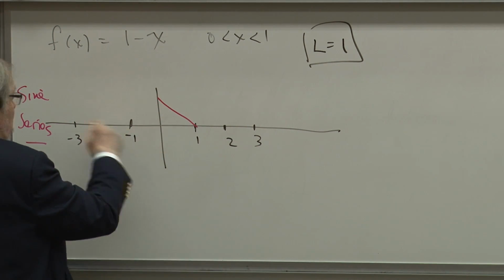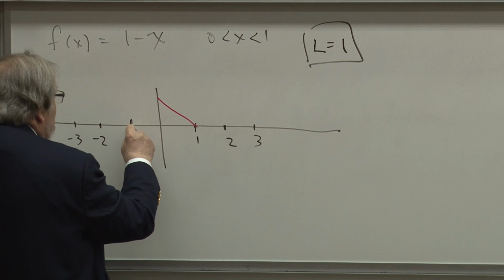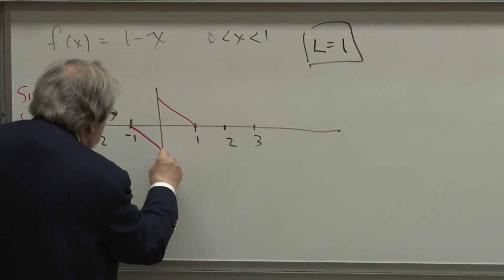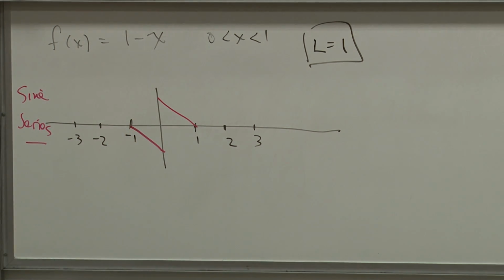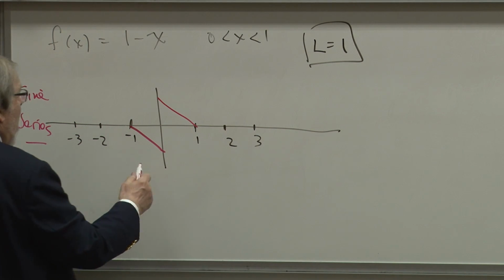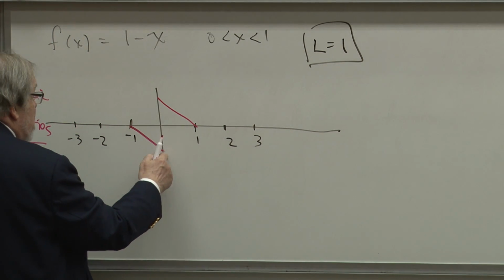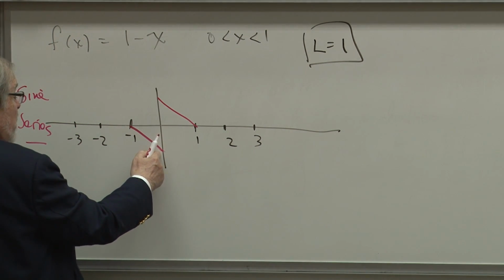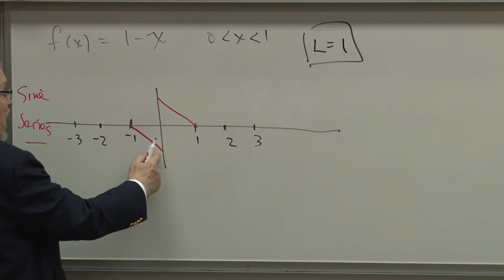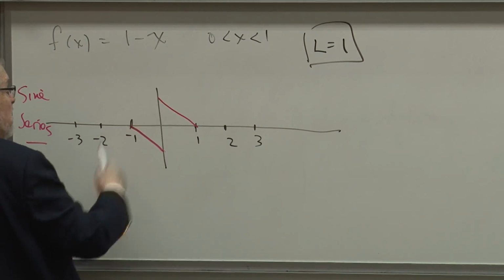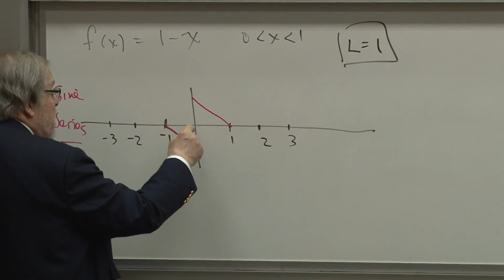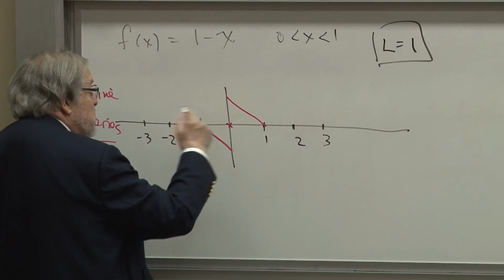And so we reflect this thing, and we get this function. And now the Fourier series sees something which, as it approaches 0 from the left, wants to be -1. From 0 to the right, it's +1. The Fourier series is going to converge to 0.